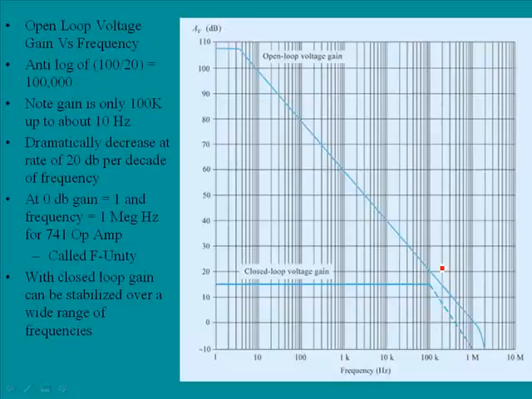Okay, here we have a graph, and we're looking at open loop voltage gain versus frequency. Along the bottom you will see frequencies, and they go from 1 up to about 1 meg right here. And then along the edge we see the gain, and the gain is given in decibels.